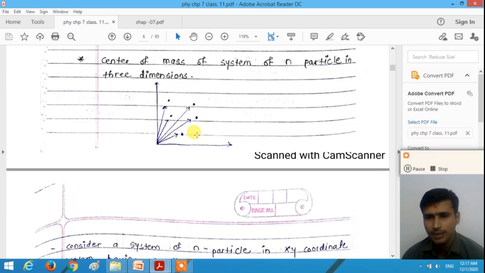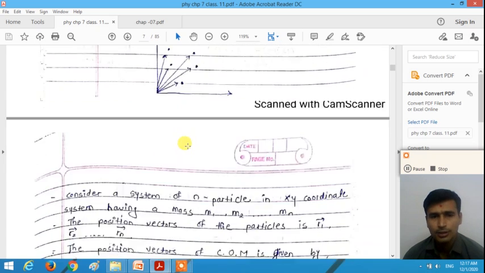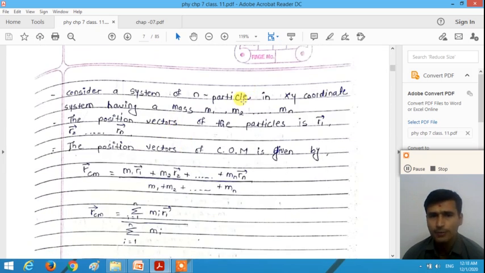So the center of mass in a system of n particles is given by the position vector of the center of mass, rcm, right? So consider a system of n particles in the xy coordinate system having masses m1, m2, m3 up to mn. The position vectors of the particles are r1, r2, r3 up to rn.